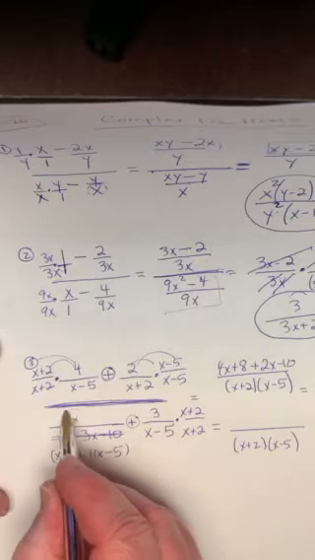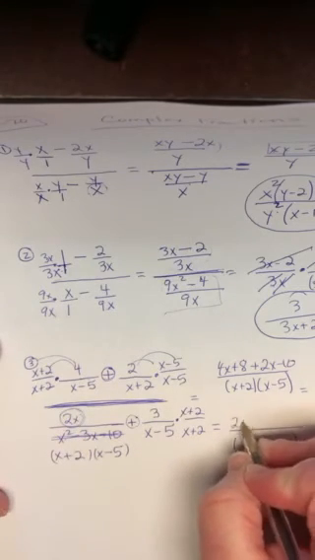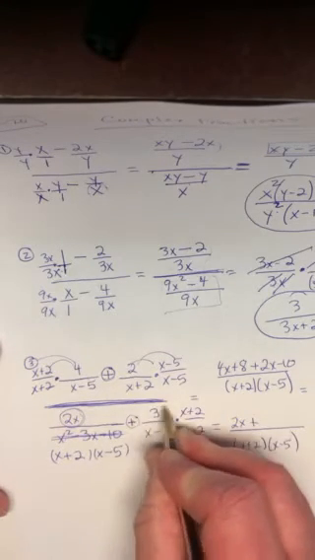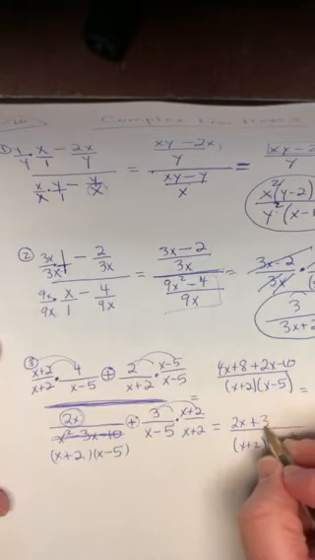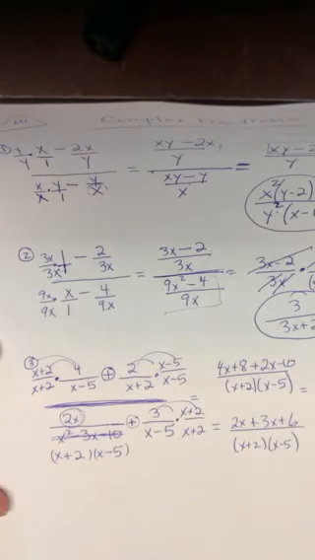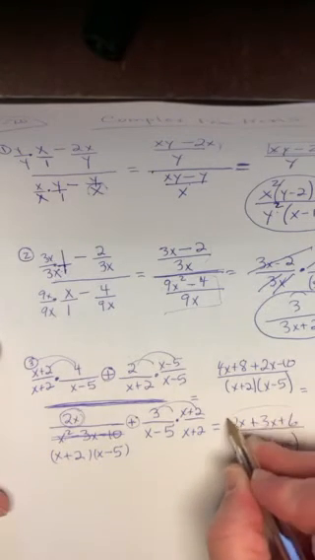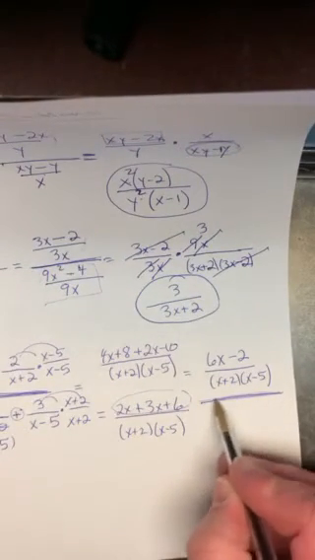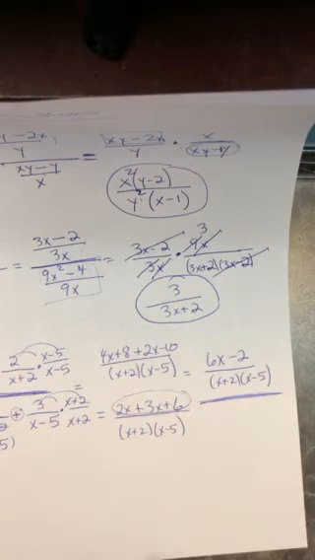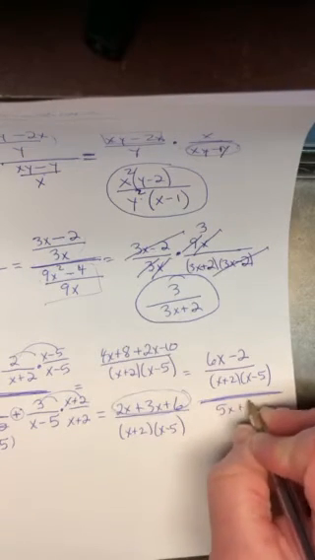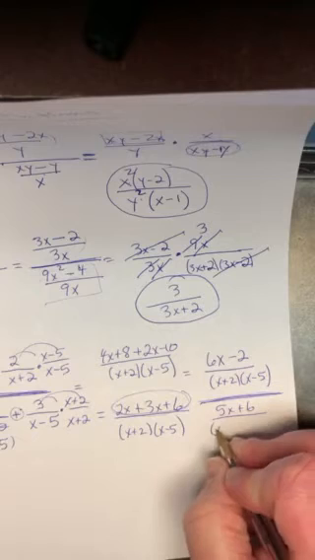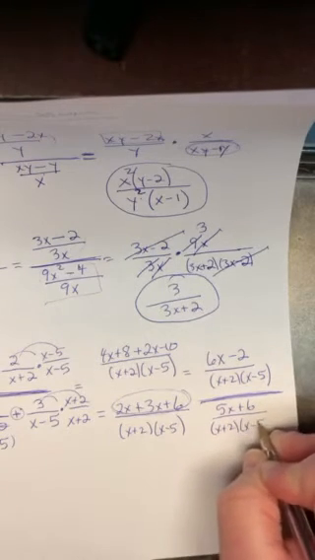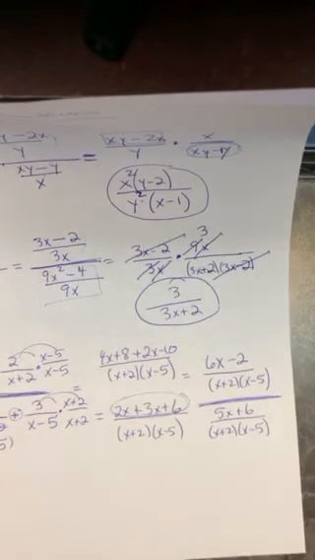Up top, I've got this 2x that's just sitting there, plus, when I distribute the 3, 3x plus 6. There's the big fraction bar. When I add all these like terms together, I have a big fraction bar in the middle. I've got 5x plus 6 over that denominator consisting of x plus 2 and x minus 5. Great news.